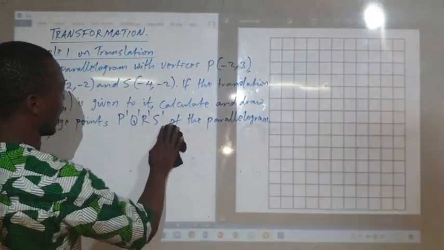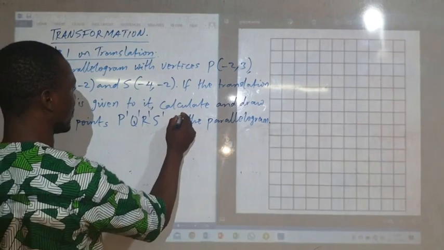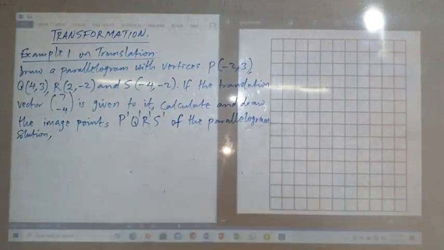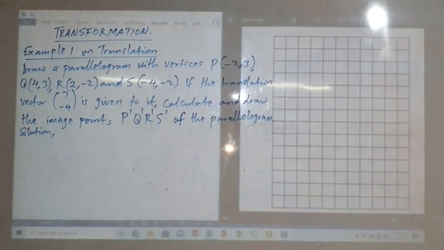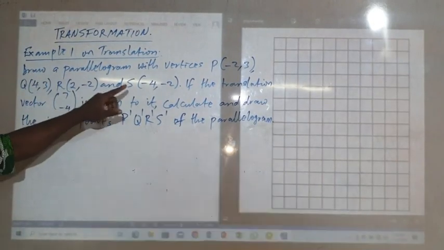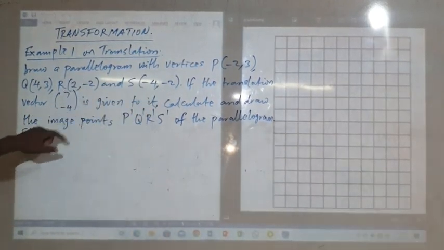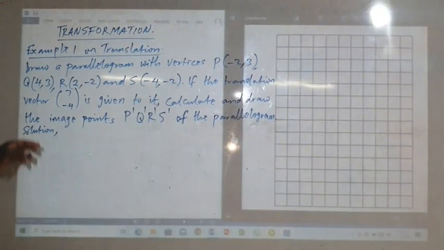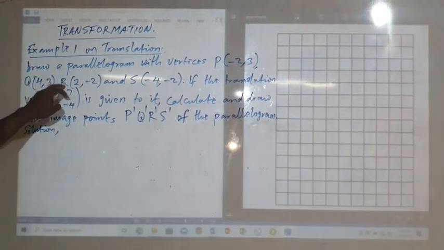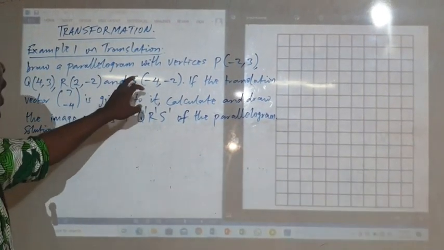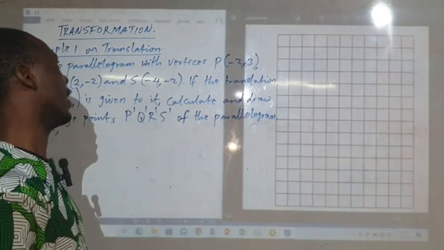Then we have this example. The question says, draw a parallelogram, that is a four-sided figure, with vertices P of coordinate minus 2, 3, Q of coordinate 4, 3, R of coordinate 2, minus 2, and S of coordinate minus 4, minus 2.